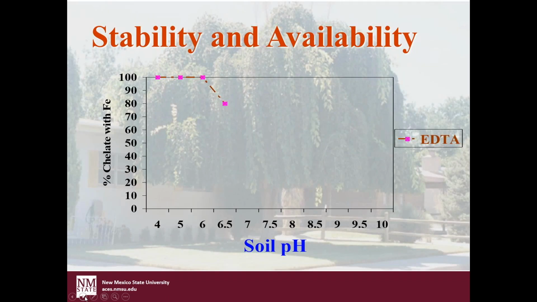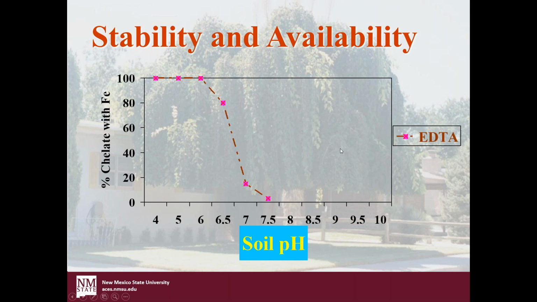So how does it work? Well, these chelates perform in the following way. If you have the percent of chelate with the iron on it, and since some of these products like EDTA are sensitive to the pH of the soil, it is a very good thing to know what the pH of your soil is. So we can see that by the time you get to about 6.5 with the iron chelate of EDTA, we start to lose about 20% of its iron.